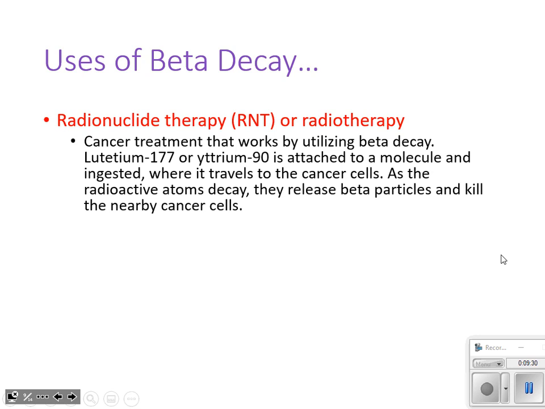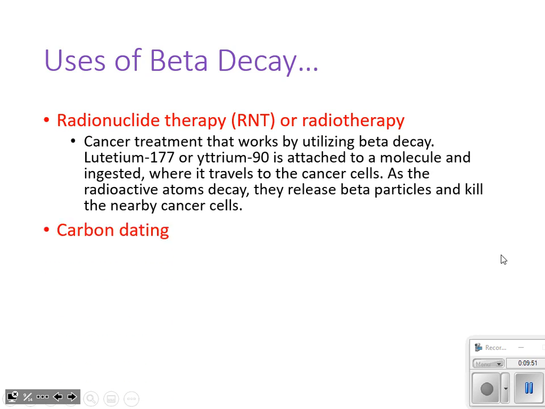Lutetium-177 or yttrium-90 is attached to the molecules ingested, where it travels to the cancer cells. As the radioactive atoms decay, they release beta particles and kill the nearby cancer cells.